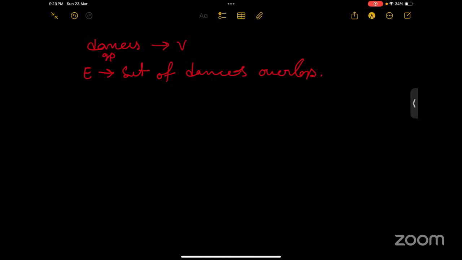Okay. And E is the set of all dances that overlap. That means the edge will be there between two vertices whenever there are some common dancers in these two dance groups. Okay. So if I take the same graph, V5, V6, V7, V8, V1, V2, V3, V4.